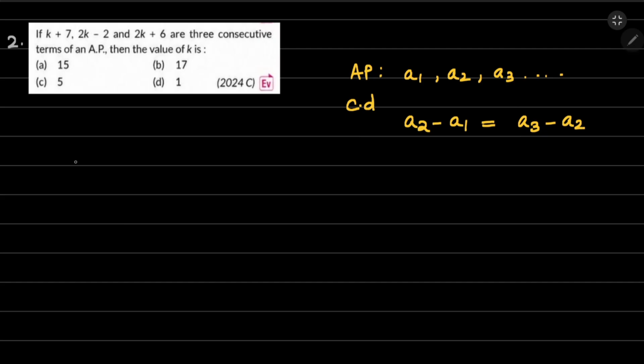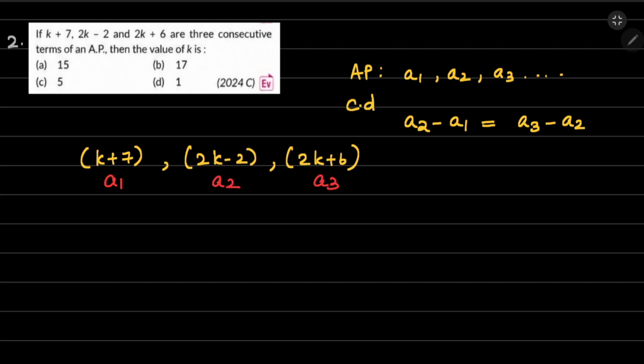So this is the concept which we'll be using here. Your first term is K plus 7, the second term is 2K minus 2, and the third term is 2K plus 6. So this is your A1, A2, A3.